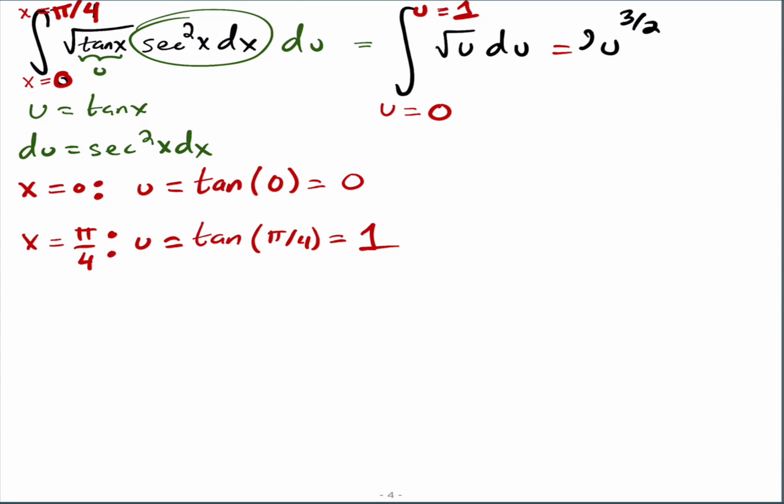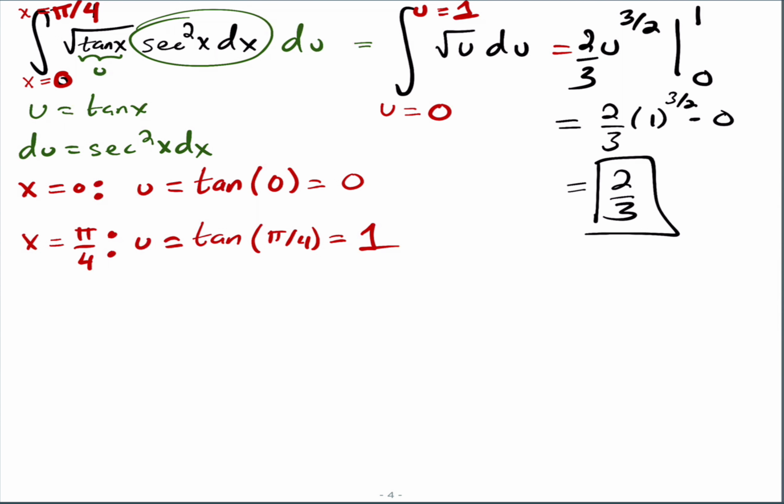So 3/2, and then times the reciprocal, which is 2/3. And then this is evaluated from 0 to 1, right? Because those are u values. And then what do you get? 2/3 times 1 to the 3/2 minus 0. So basically you just end up with 2/3, right?